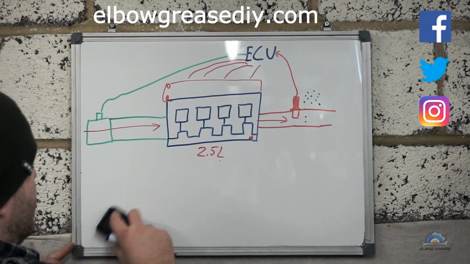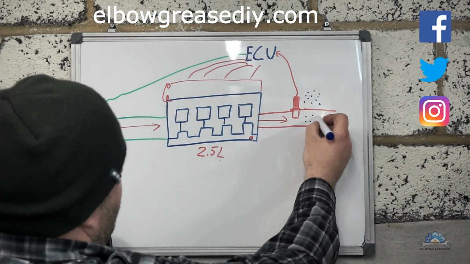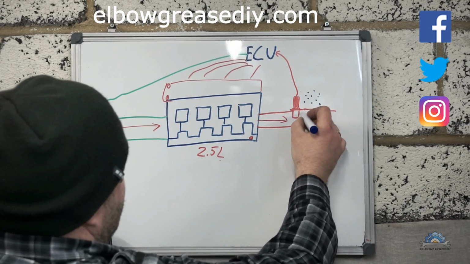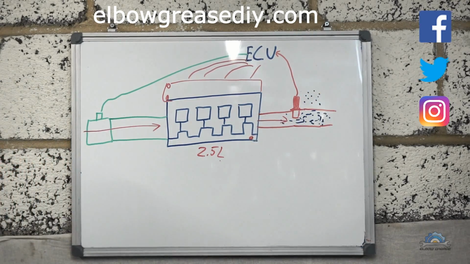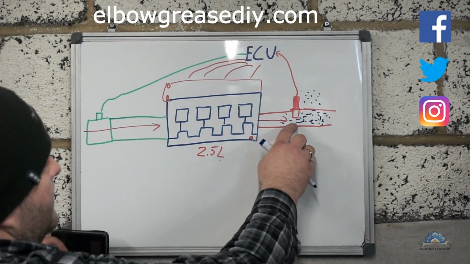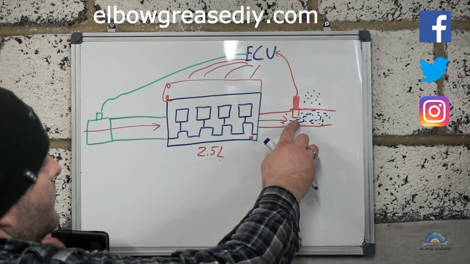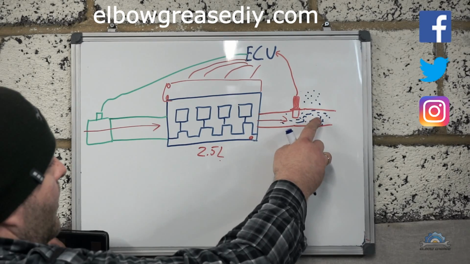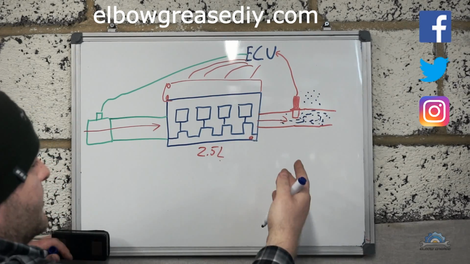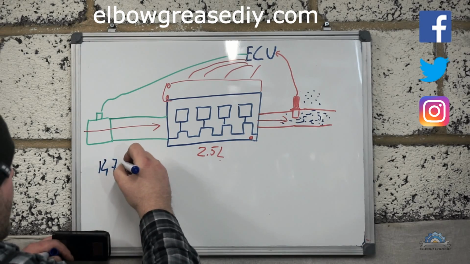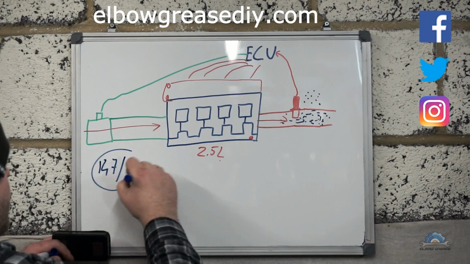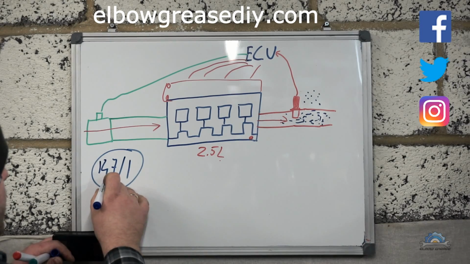If we have more oxygen inside, like loads, and less outside, that means it's going to be a lean condition, because the O2 sensor is sensing more oxygen inside, which is the stoichiometry is not as it's supposed to be.